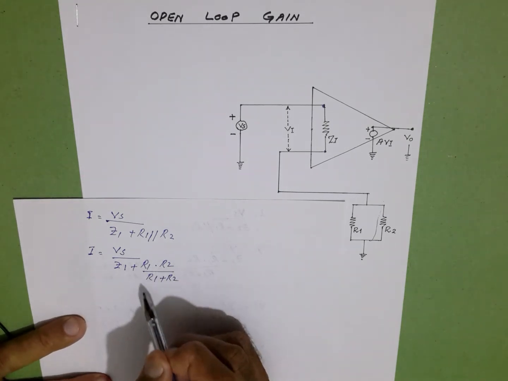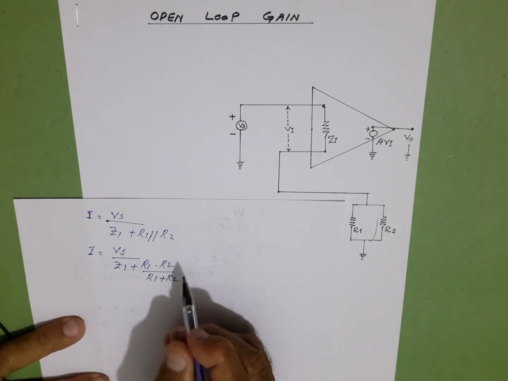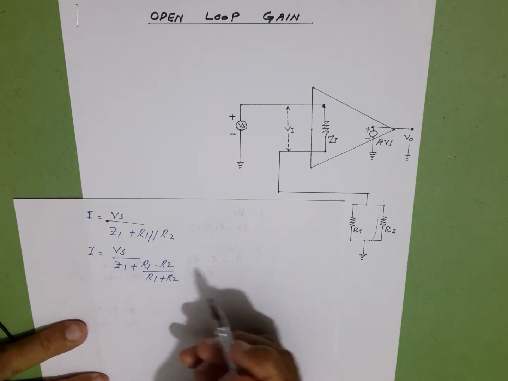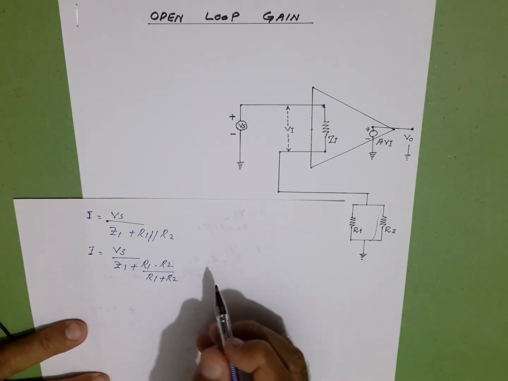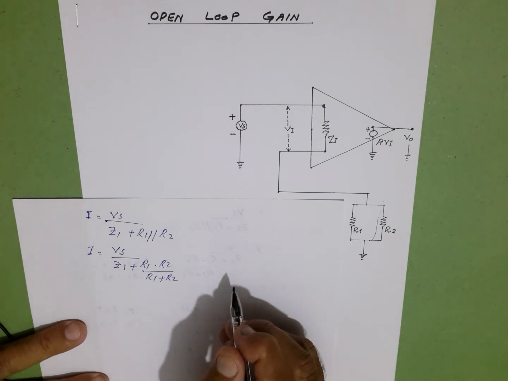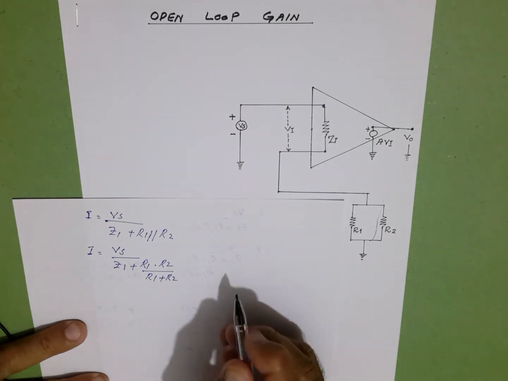This is called the product formula and it is applicable to parallel resistances. When two resistances of equal value are connected in parallel, the total resistance becomes half of the individual value.